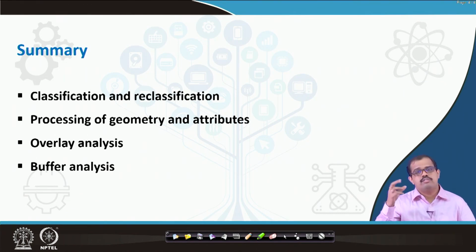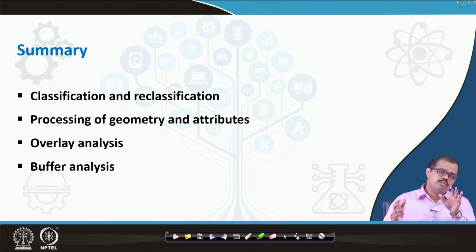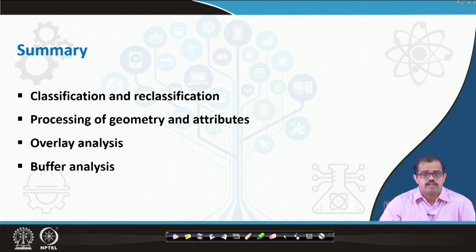Union gives you the union of both geometries, whereas intersect gives the common geometry. We have polygon intersection, polygon line intersection, or polygon point intersection, where the base is the polygon. And in buffer analysis, we look at the attributes which are common within the same area where we are looking at the buffer.